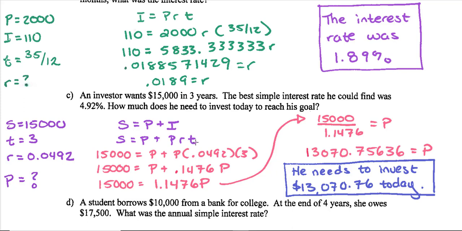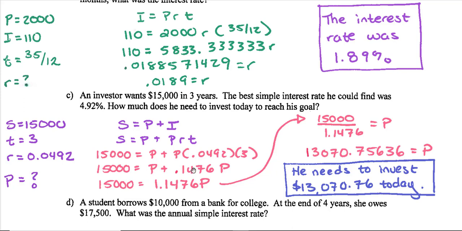So I can plug in R and T, and then I have 15,000 equals P plus P times R, which is 0.0492 times 3. And this gives me that 15,000 is equal to 0.1476 P. These are like terms.